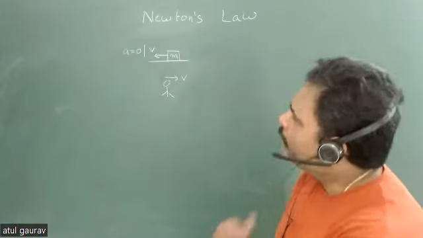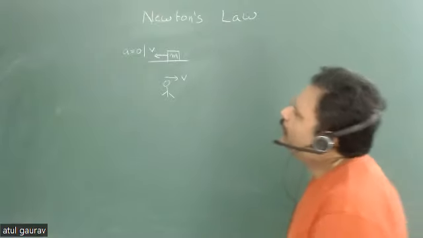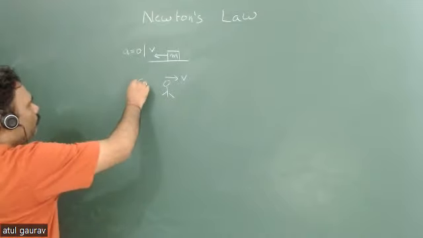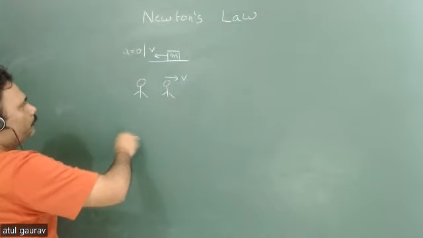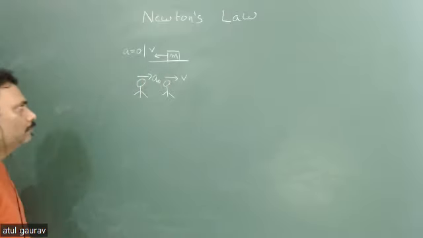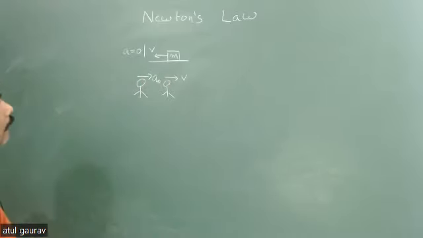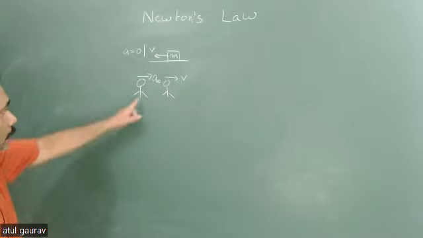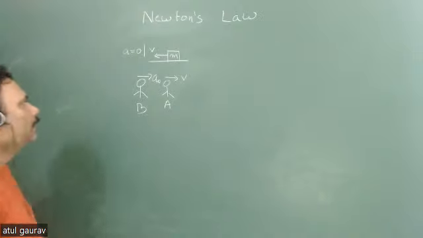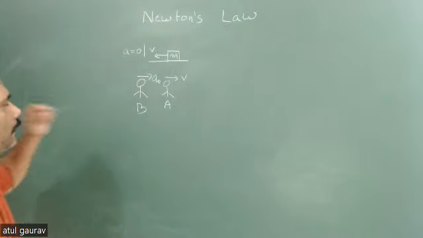Now let us see the whole thing from a different observer's perspective. We have a different observer, and this observer is moving with acceleration a0 towards left. Suppose the first observer is Mr. A and this observer is Mr. B. Then what will happen to this mass with respect to Mr. B?